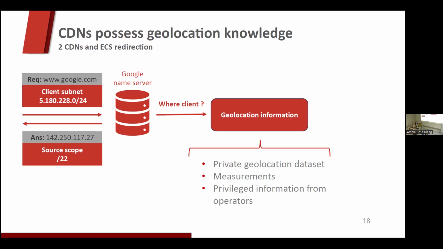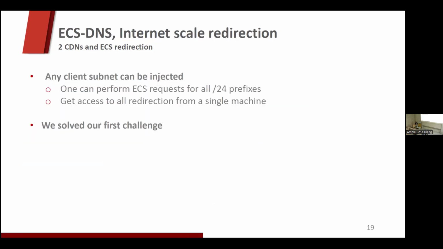This is why CDNs are good candidates for extracting geographical hints from an IP address. One great thing with ECS is that we can inject any /24 prefix within the DNS query, meaning that with ECS, we can access the results of the redirection for any IP address, and well, we solved our first challenge.